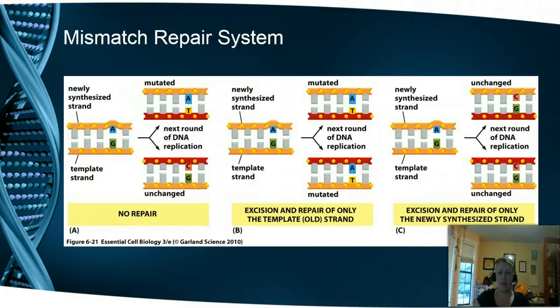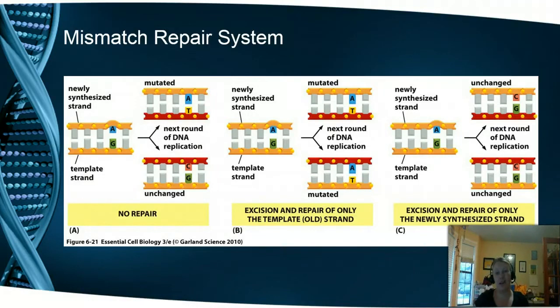However, in correcting these errors, they can sometimes correct the wrong error. So what you can see here in B is that the bottom, the template strand, is replaced. So instead of a G, we're going to have a T put on the bottom. And so this is then passed on to the next round. So now we have entirely 2 new strands that are mutated.